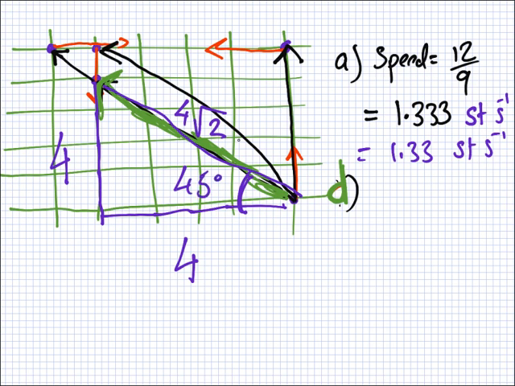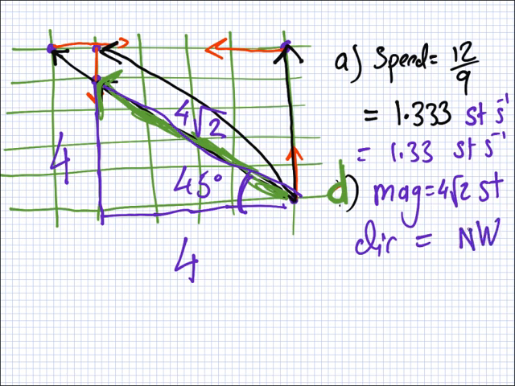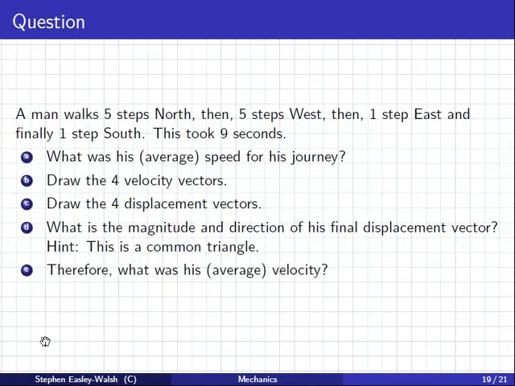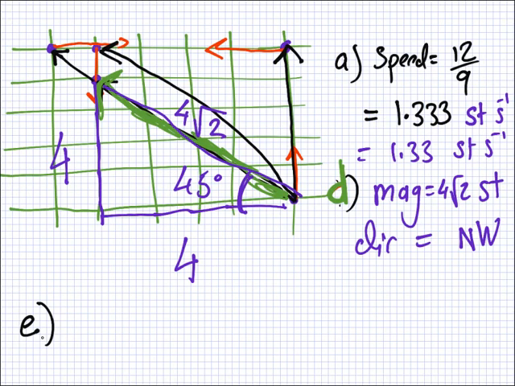So the answer is the magnitude is 4 root 2 steps, and the direction is north-west. And finally, E. What was his average velocity?